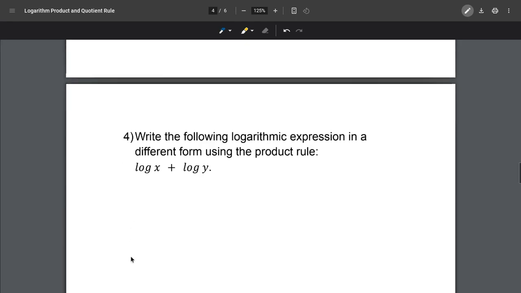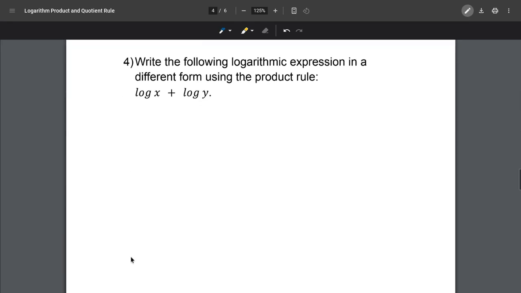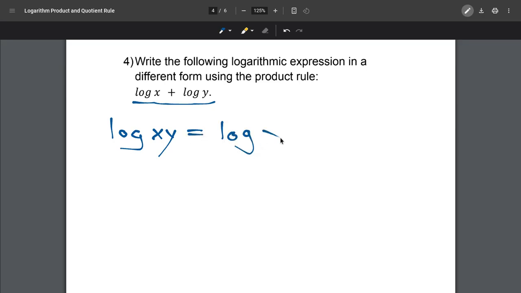All right, let's look at this last one. We are writing the following logarithmic expression in a different form using the product rule. So this one, a little bit easy. We're just going to work backwards from this, because normally the product rule is log of xy, and I had this in the notes today, equals log of x plus log of y.